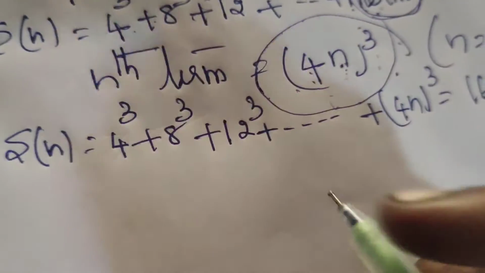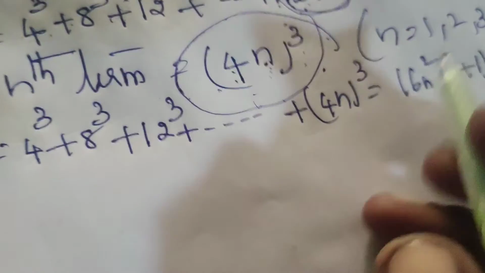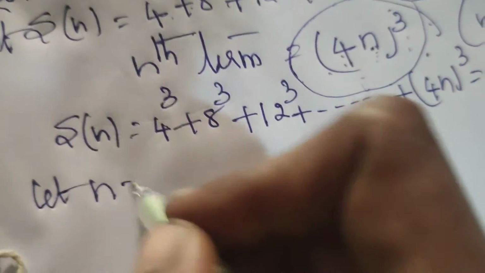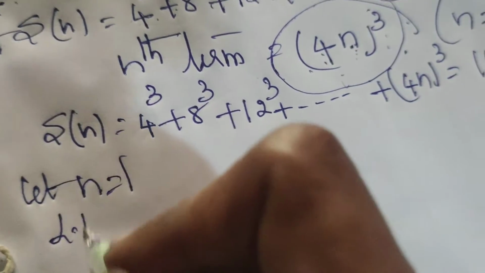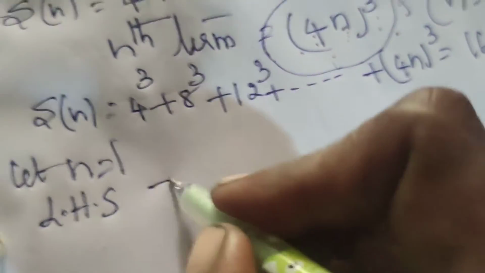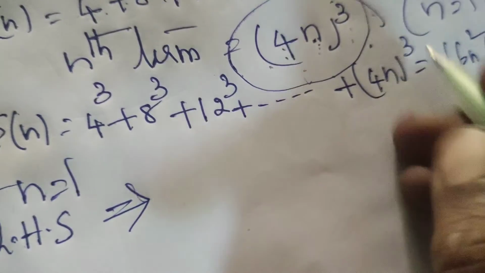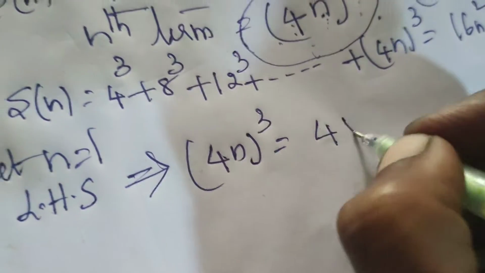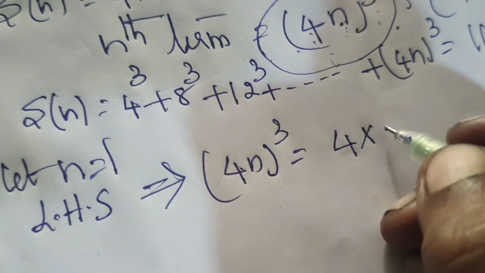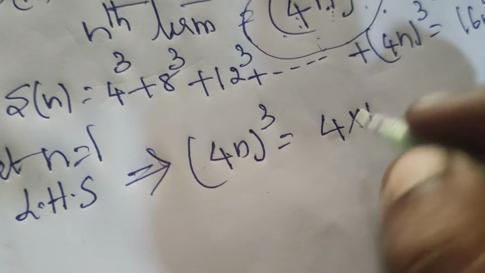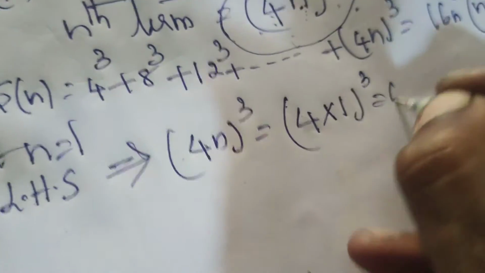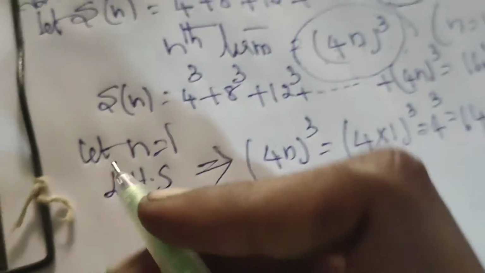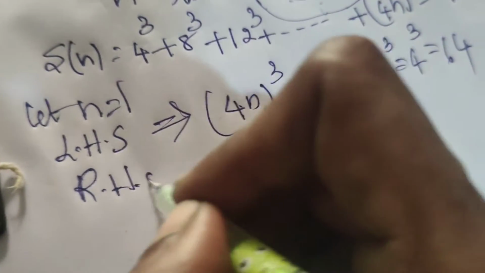Now we are going to solve according to the principle of finite mathematical induction theorem. First of all, let n equals 1. Verify the given statement for both LHS and RHS. First verify LHS. The nth term, 4n whole cube, equals 4 into 1 whole cube, that is 4 cube, which is 64. Next verify the RHS.